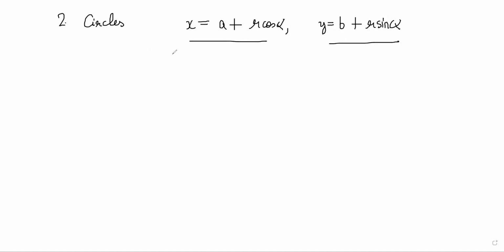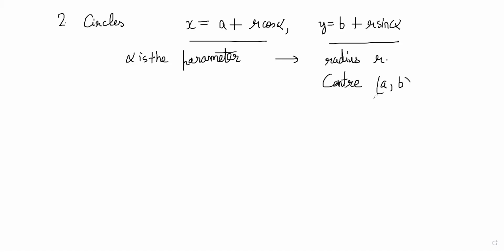Here alpha is the parameter, and the circle has radius r and center a comma b. It is very easy to show that this will result in a circle equation. You can do that yourself. You just have to say that x minus a whole square plus y minus b whole square is r square.